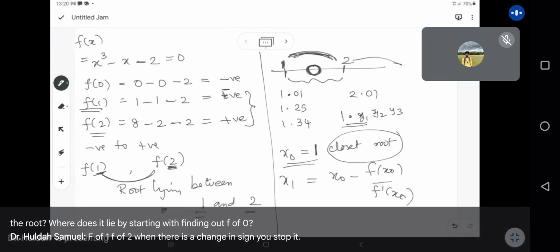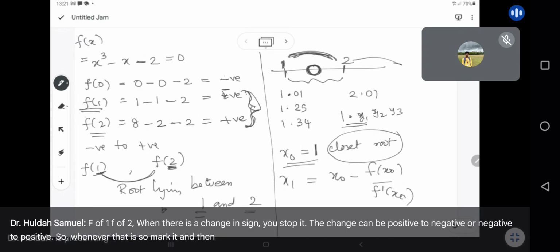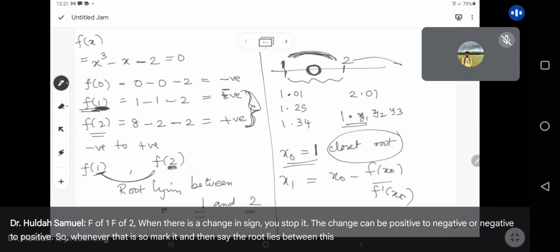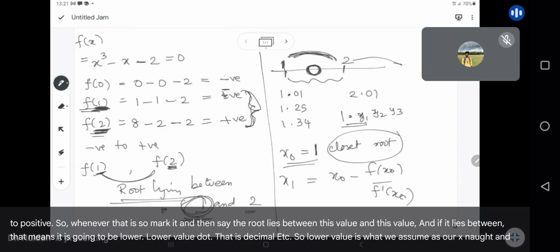The change can be positive to negative or negative to positive. Mark it and say the root lies between this value and this value. If it lies between, it is going to be the lower value dot decimal, so the lower value is what we assume as our x naught and proceed to do the problems.